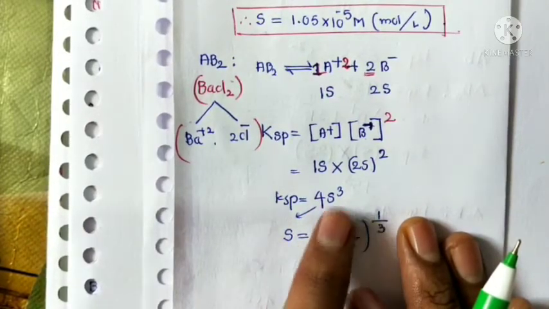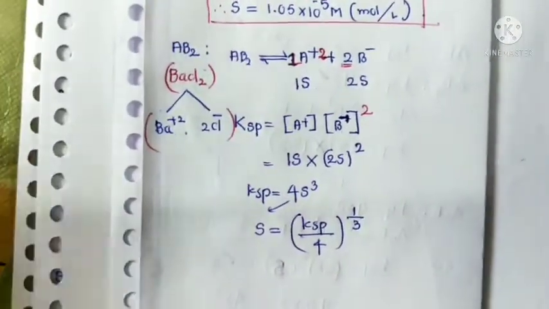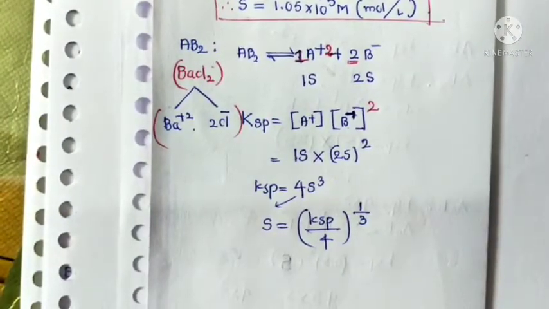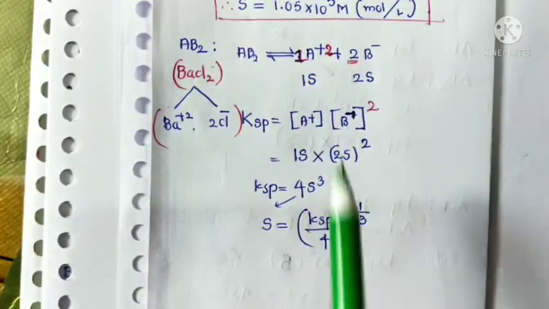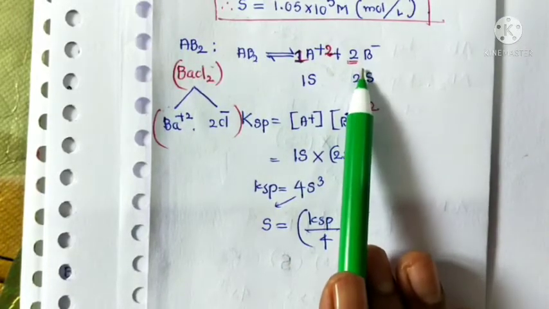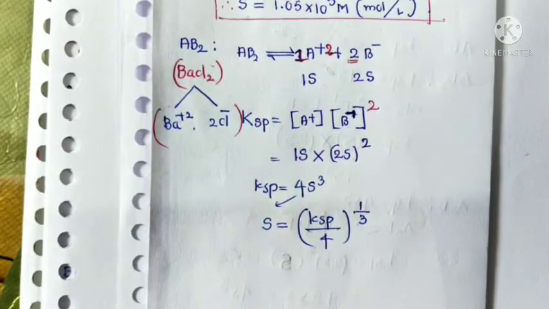Here don't worry, the values are given. So in your problem, just see how the salt is dissociated, how many cations are formed, how many anions are formed, and the charge is very, very important.